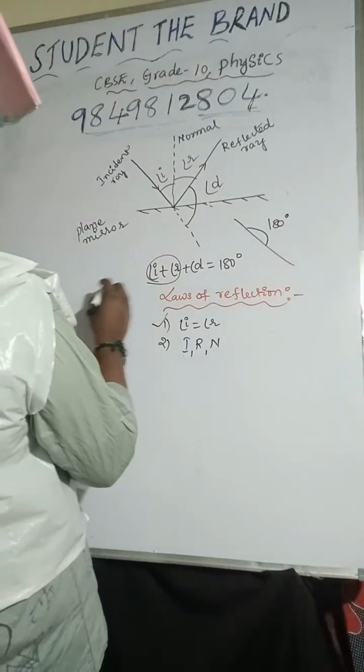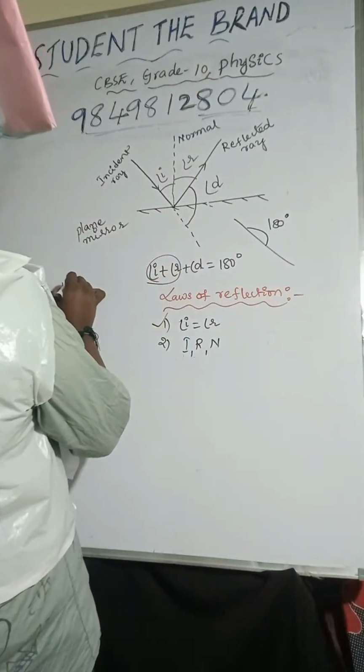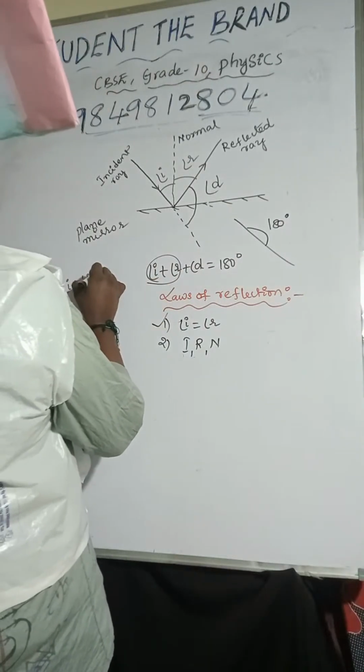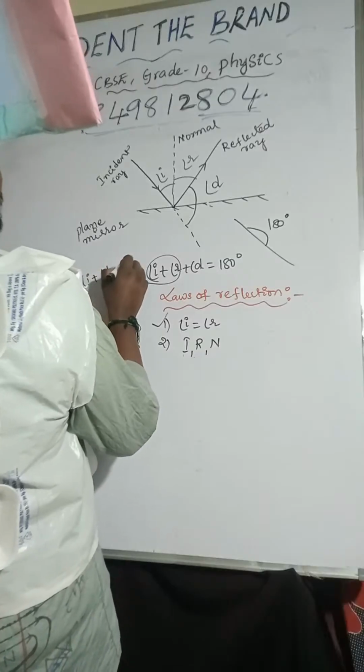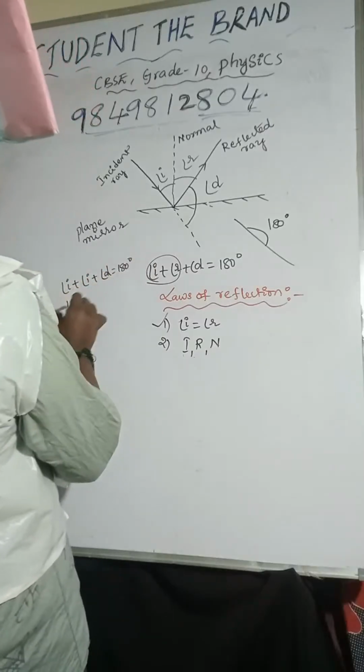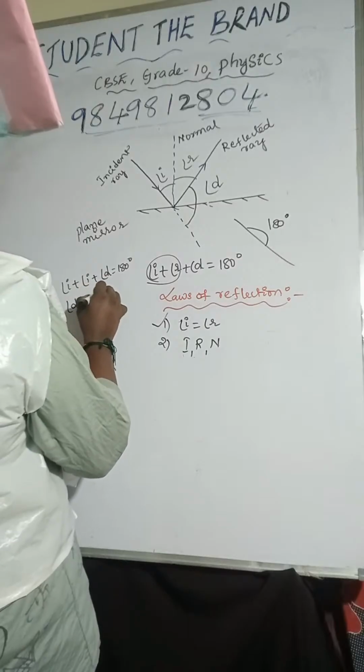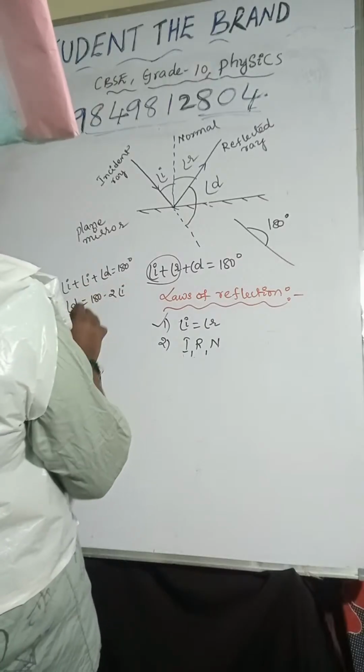From the laws of reflection, the angle of incidence is equal to the angle of reflection, so angle of incidence plus angle of incidence plus angle of deviation equals 180 degrees. Angle of deviation equals 180 minus 2 times the angle of incidence.